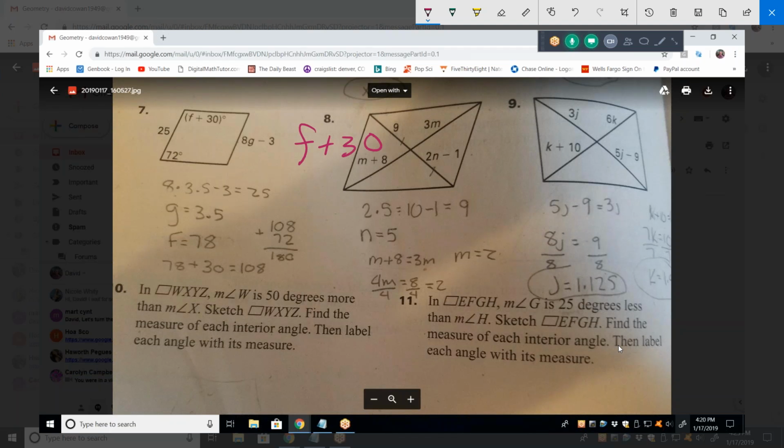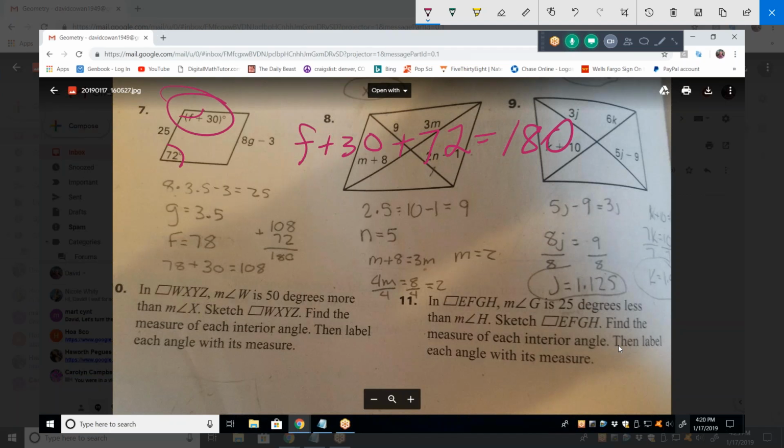No, it's adjacent angles that are equal to 180. What's the adjacent angle that you know of here? 72. Okay, so it's f plus 30 plus 72 equals 180, right? Yes. In other words, f plus 30 is that angle right there. So that angle plus this angle is what is always supplementary.